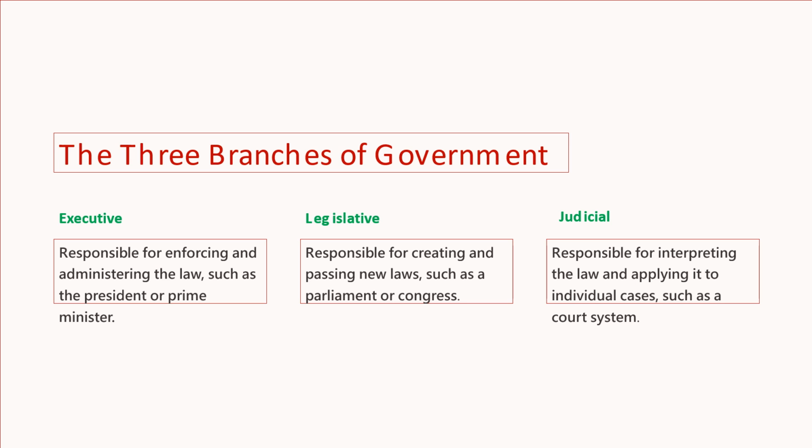The legislative branch is responsible for creating and passing new laws; it comprises Congress or Parliament, and represents the people and their interests. And the judiciary branch comprises the Supreme Court and other courts, responsible for interpreting laws, ensuring justice and resolving disputes. The separation of powers among these branches promotes balance, accountability and effective governance.